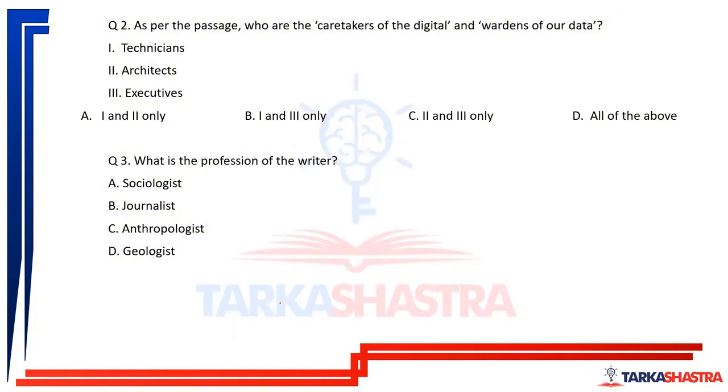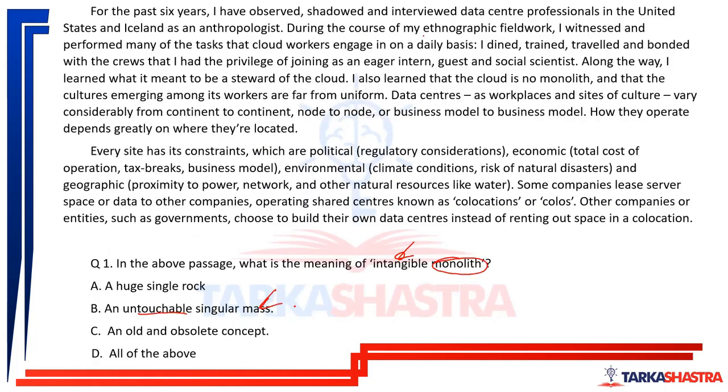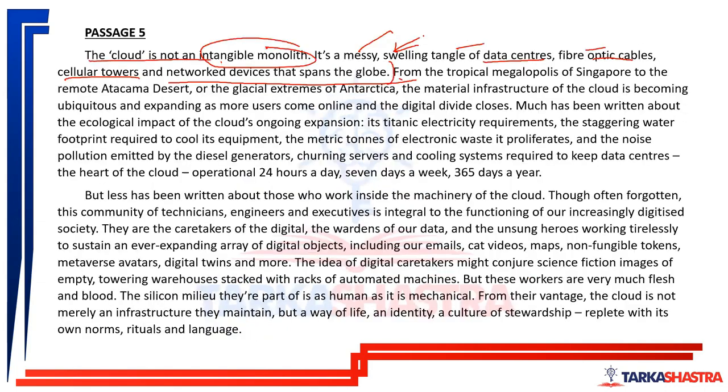Question number 2. As per the passage, who are the caretakers of the digital and wardens of our data? So let's see, where are we talking about caretakers of the digital and wardens of our data? Here. Here they are saying they are the caretakers of the digital and the wardens of our data. Okay, so let's talk about which people.